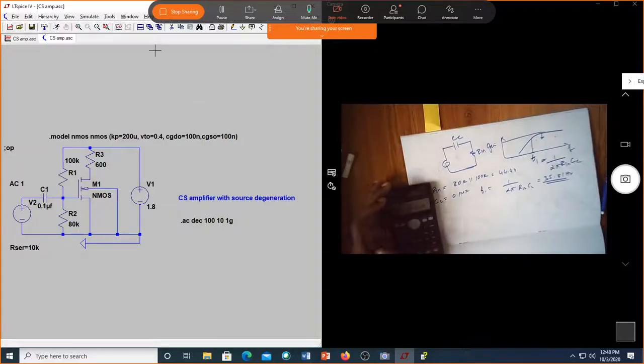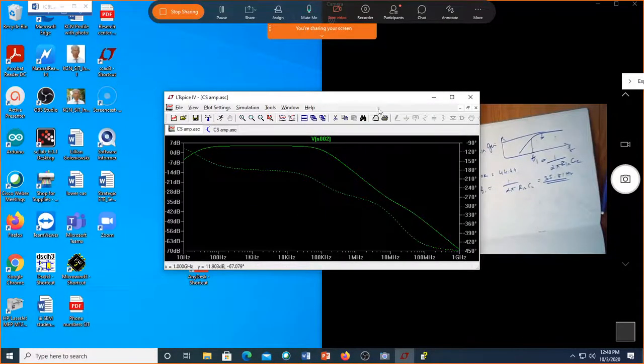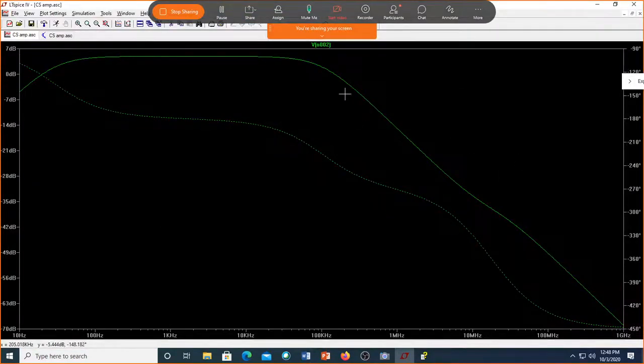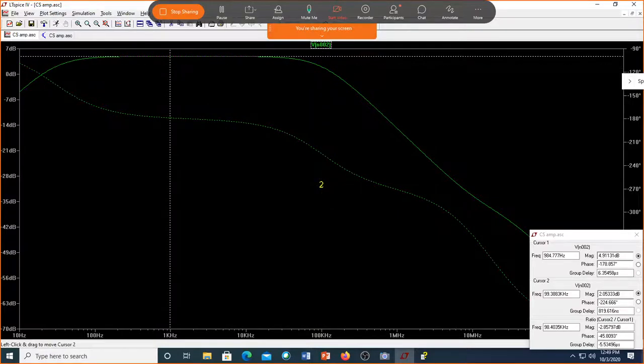How do I know this? I can find this out because this is your high pass filter response cutoff frequency. So I will take two cursors. I'll place one of them here and the other so that the difference is 3 dB. Can you see this difference here on the right bottom?